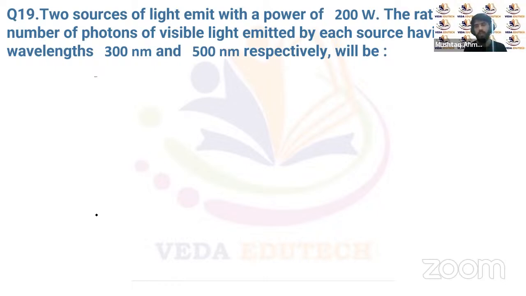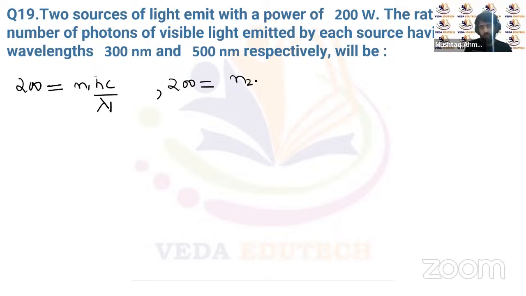We have to find the number of photons emitted by each source per second. So 200 joules of energy will be emitted per second for each of them. It will be N1 hc upon lambda 1. And for the second, once again 200 joules emitted per second, let's suppose N2 photons are emitted per second, it will be N2 hc upon lambda 2.